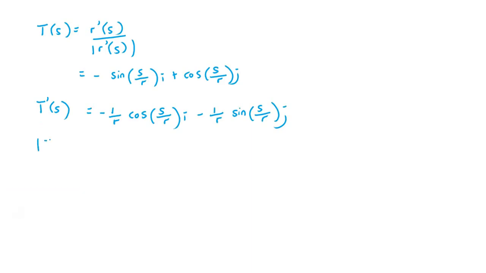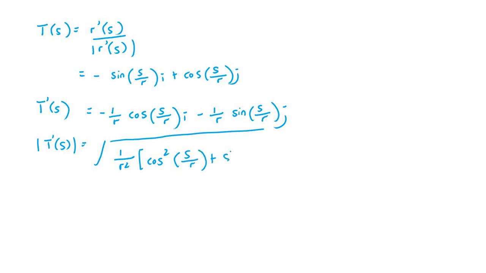The magnitude of T'(s): square root, square each component. So we have 1 over r squared cos squared(s/r) in the i component, plus 1 over r squared sin squared(s/r) in the j component. Factor out 1 over r squared: cos squared(s/r) plus sin squared(s/r) is 1.